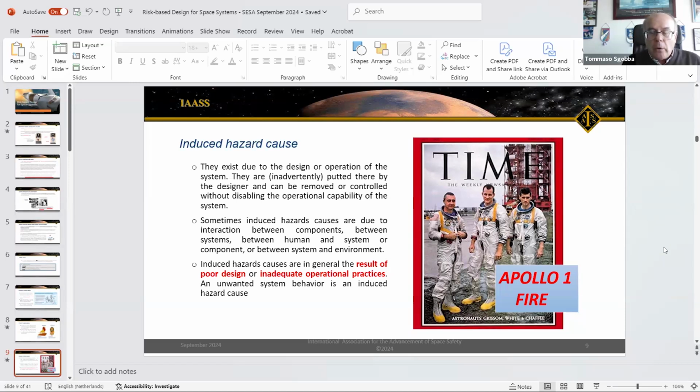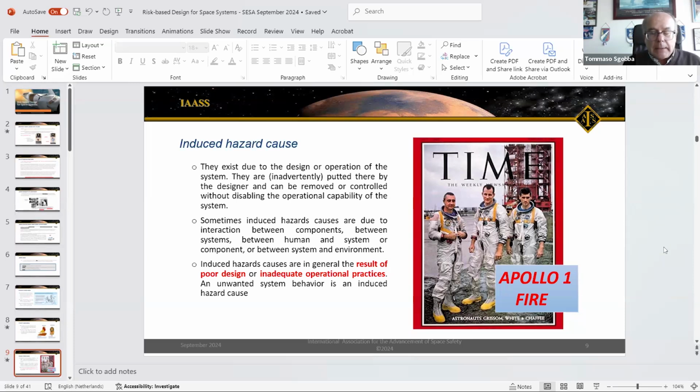So the Apollo accident, which was, by the way, an accident which happened on ground, was due to induced causes. So it was due to the fact that a faulty design had been put in place, not because there was a threat from outside. The design itself, notoriously at that time in many fields, the use of pressurized pure oxygen, was very much treated with a lot of caution, etc.